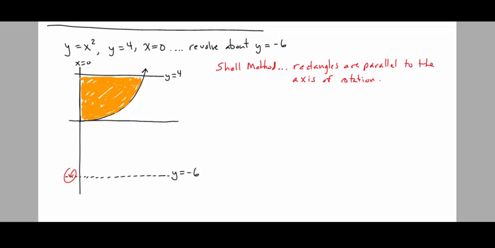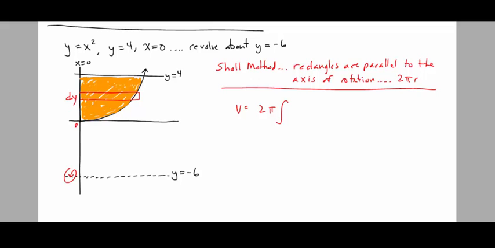Remember, for the shell method we want to think about circumference, so let's think about this as 2 pi r to get us started. So volume here would be 2 pi. Let's sketch in our rectangles. We're parallel to the axis of rotation, so this is what my rectangles would look like. The width here is a dy. My limits of integration will go from 0 to 4.